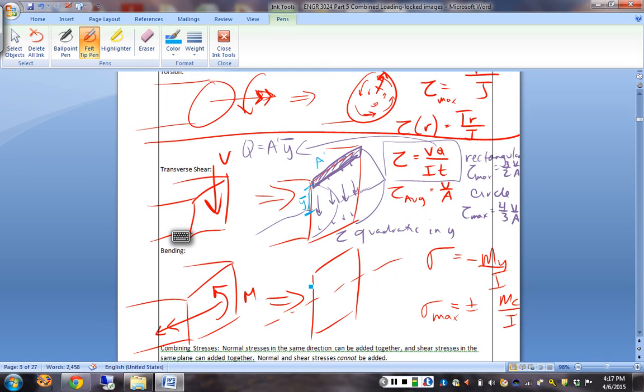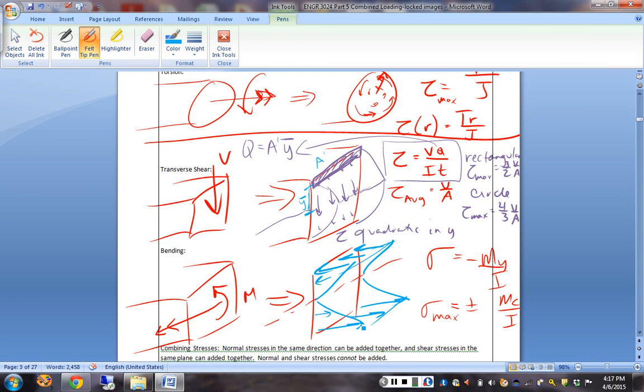Okay, and if we have this case, what did we say we had at the top, tension or compression? We have compression, so we have arrows going back towards the cut surface, which means we've got tension along the bottom, and that profile in Y is a linear profile.